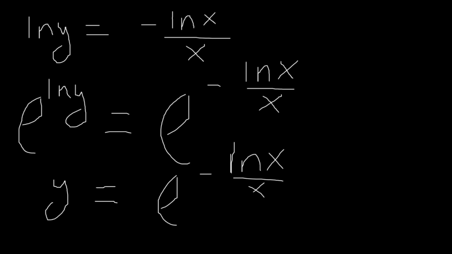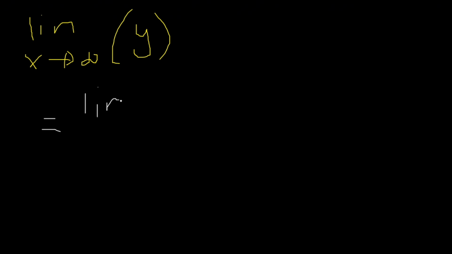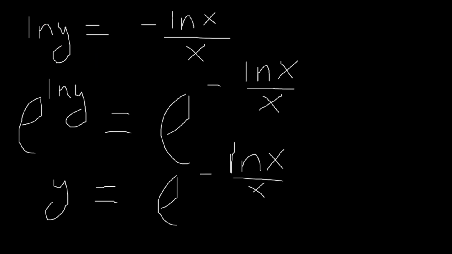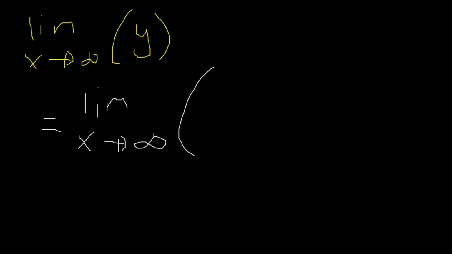We can substitute it back in the initial limit, where we had the limit as x tends to infinity of y. Therefore that will be equal to the limit as x tends to infinity of e to the negative ln x all over x.